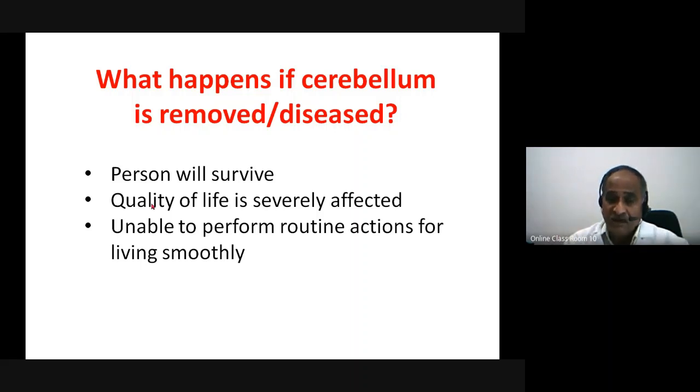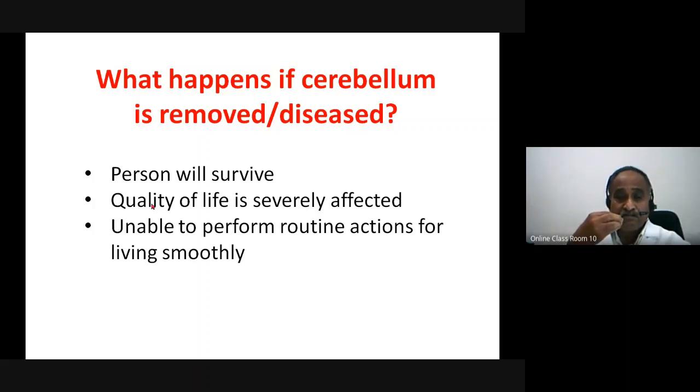I will give you one simple example: eating food, taking it from the plate and putting it in the mouth. If we go back to the functions of the cerebellum, the smooth running from this point to this point is not happening. You cannot take the food, forget about the fork, chopstick or spoon, even by hand you cannot reach the mouth and put it in.